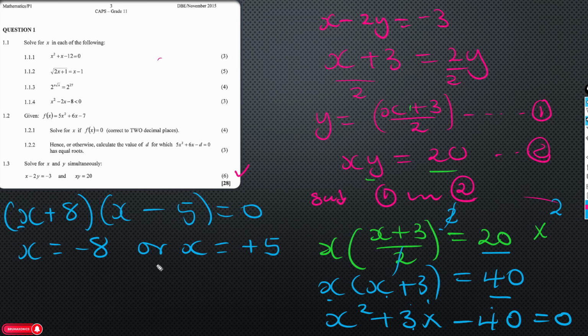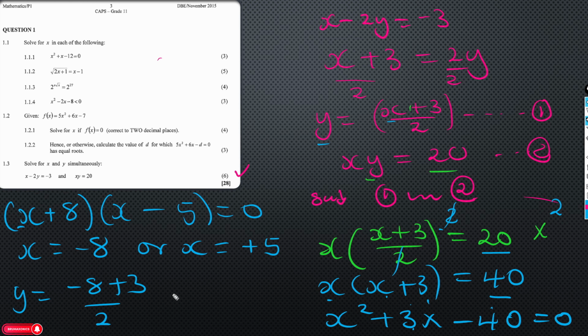So if we need our y values now, we can go back to this equation and substitute x, and then with that we can get our y. So meaning y is equal to negative 8 plus 3 all over 2.